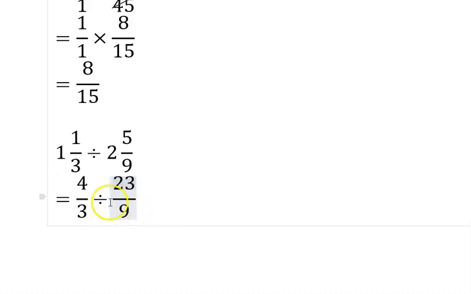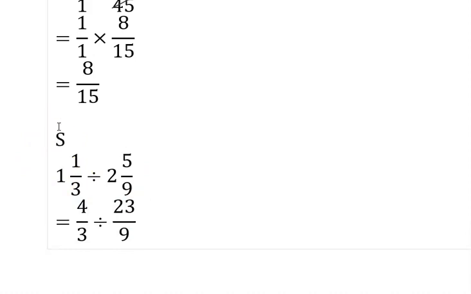Awesome. The next thing is for us to change this divide to multiplication. So by so doing, don't forget we are going to swap. So let me put solution number 4 here, so that it won't get mixed up.